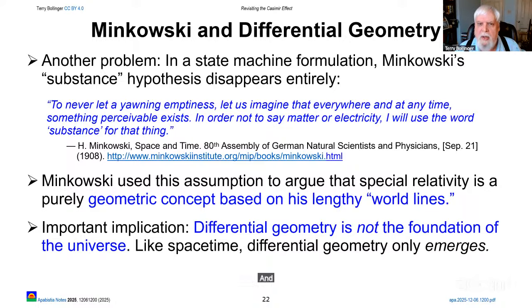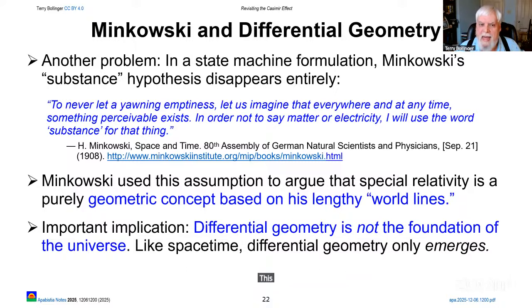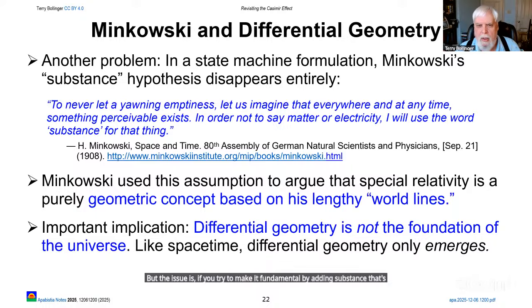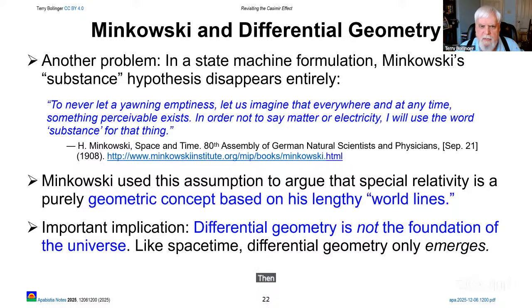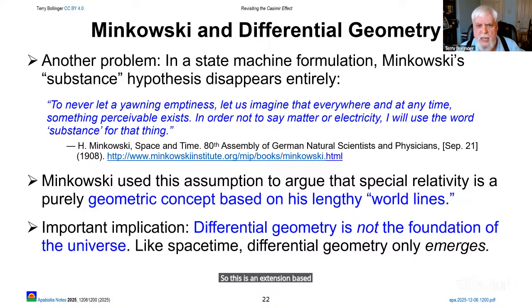And this allowed him to create world lines. Once he had world lines, he could talk about different geometries and about the shape of it. This is a valuable mathematical concept. That's not the issue. But the issue is if you try to make it fundamental by adding substance that's not there, then you're actually redirecting from the structure of the universe as it is actually observed. So this is an extension based on preference. This is not an extension based on anything experimental.